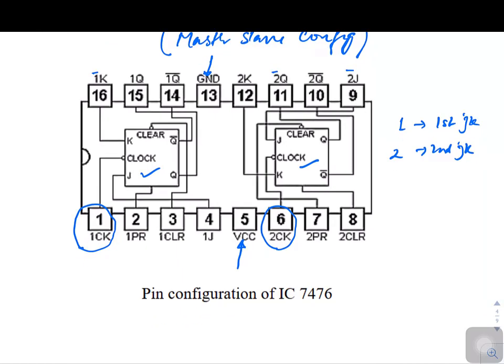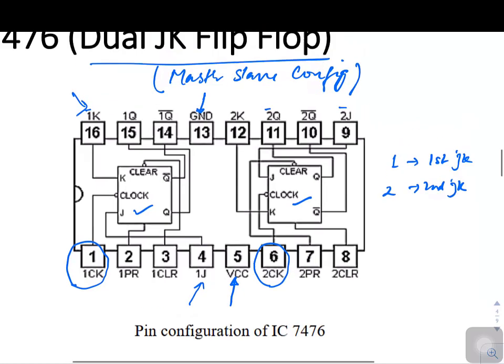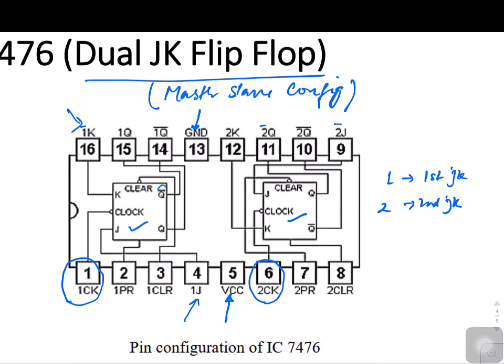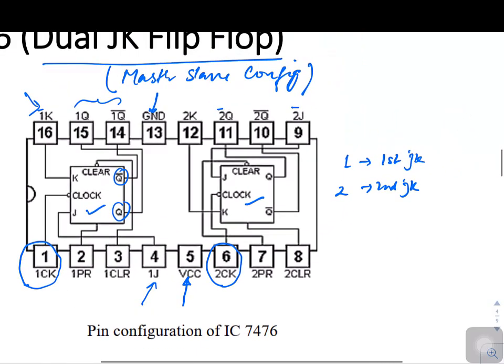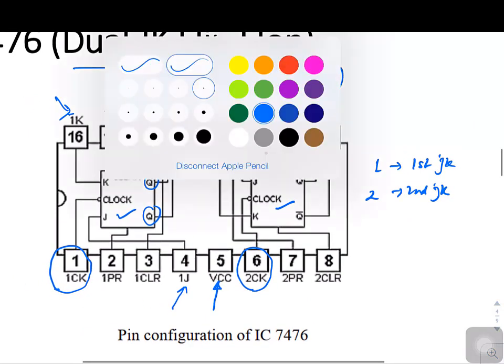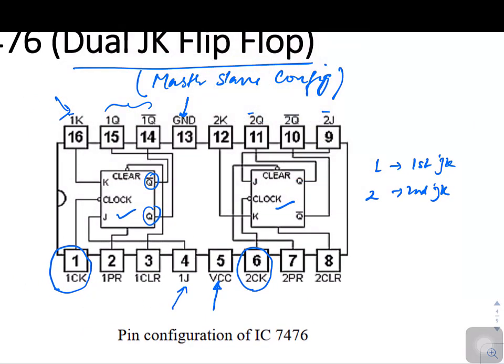So clock is here. Then the inputs are J and K. You can see the pins here, 1J and 1K. The inputs J and K are given from here, and we know the outputs are Q and Q bar, so we have 2 pins allocated to them also. The same is applicable for set number 2, the second JK flip-flop.